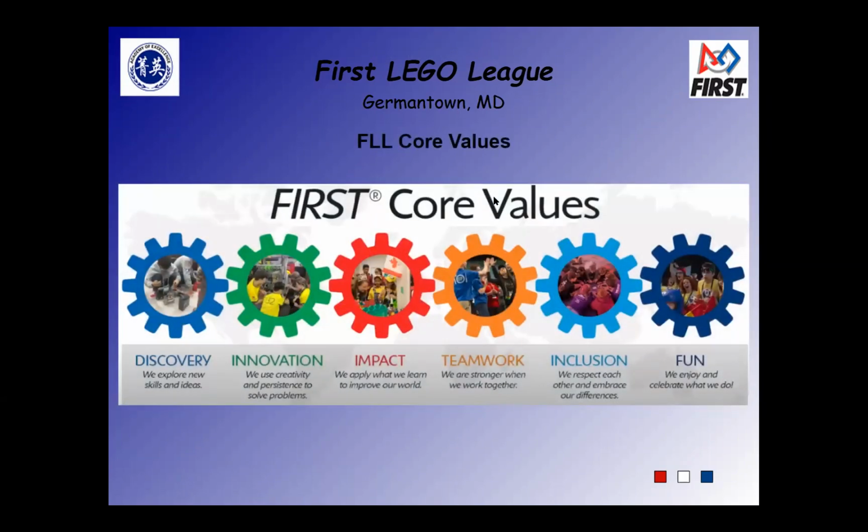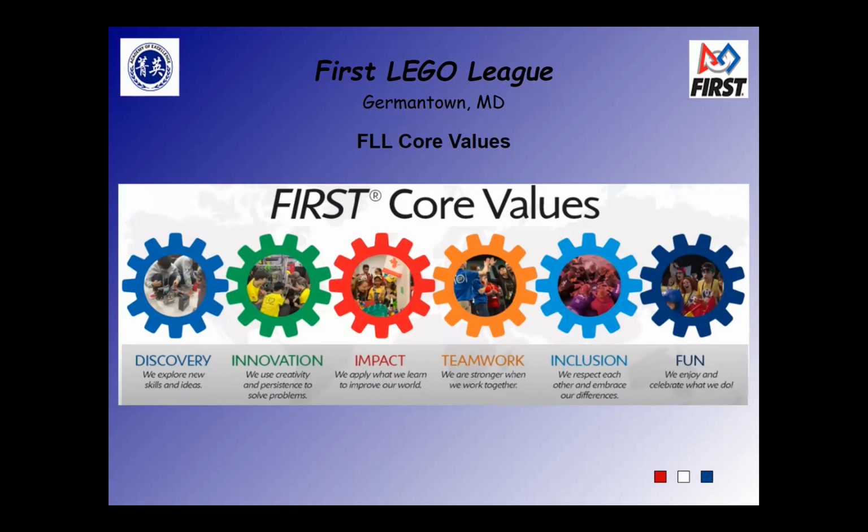So first, let's go over the core values. The core values are discovery, innovation, impact, teamwork, inclusion, and fun. Throughout this class, we have covered all of them. For discovery, we learned something new every single class period. For innovation, we were challenged by the many different homeworks that the teachers presented to us. For impact, we created many meaningful codes and projects that could be used in the real world.